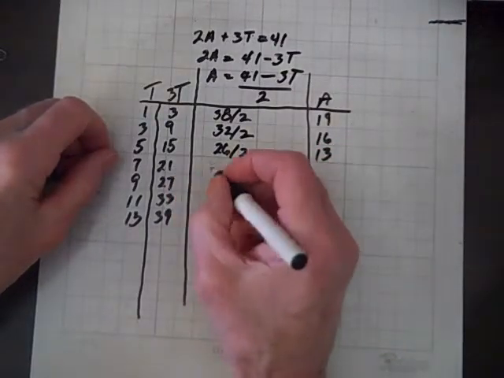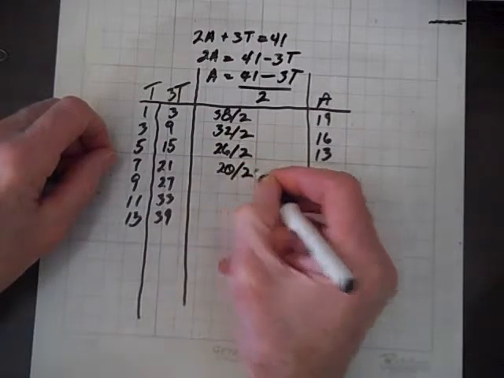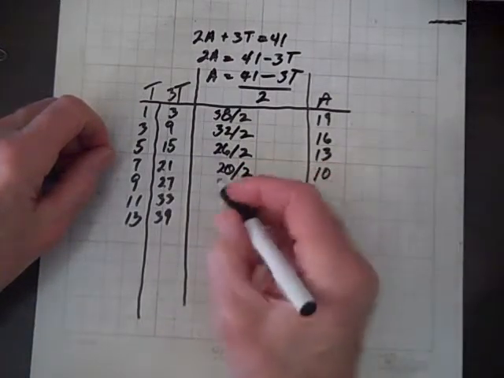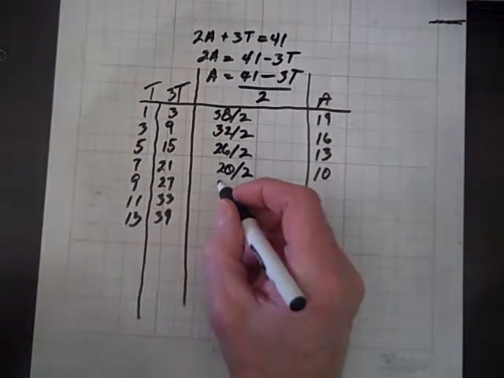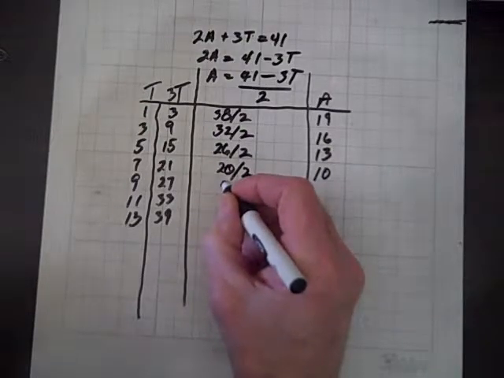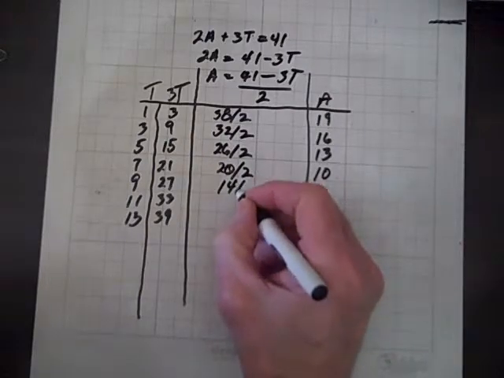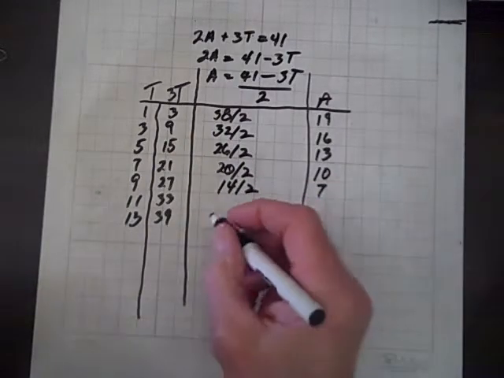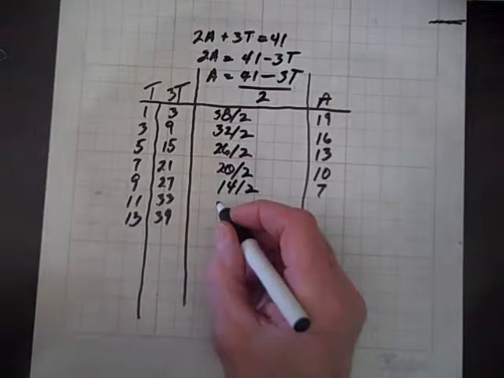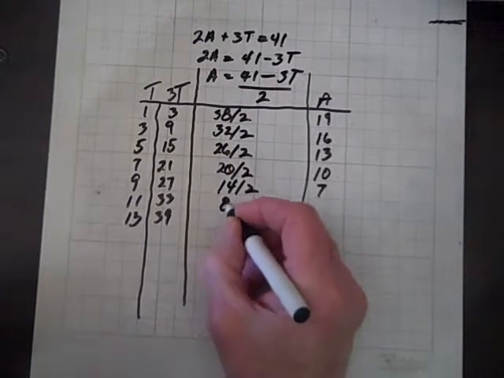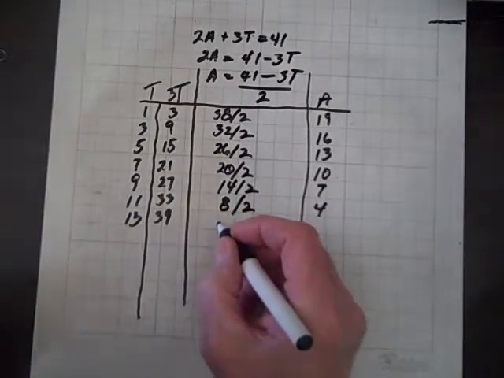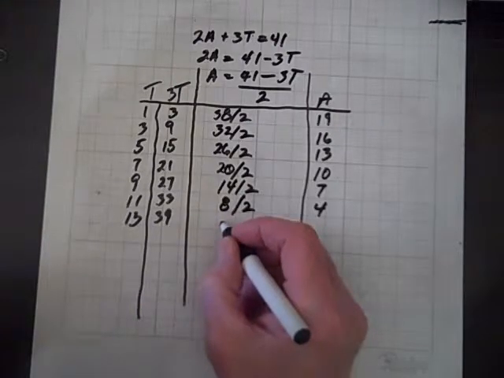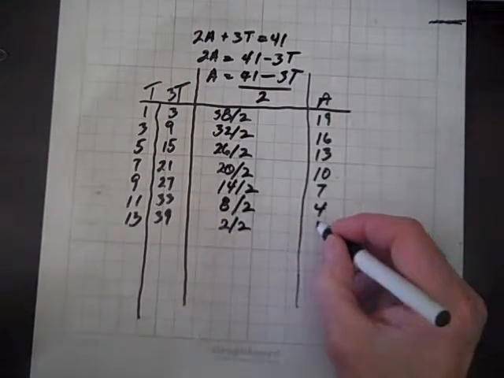Now, 41 minus 21 is 20, and 20 divided by 2 is 10. 41 minus 27, oh boy, that's going to be 14, isn't it? 14 divided by 2 is 7. Now 41 minus 33, that's going to be 8. And 8 divided by 2 is 4. And then 41 minus 39 is 2, and 2 divided by 2 is 1.